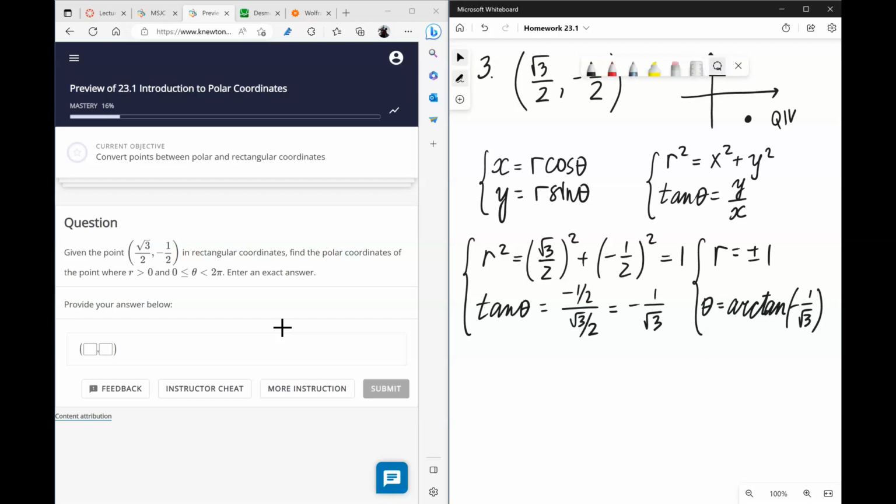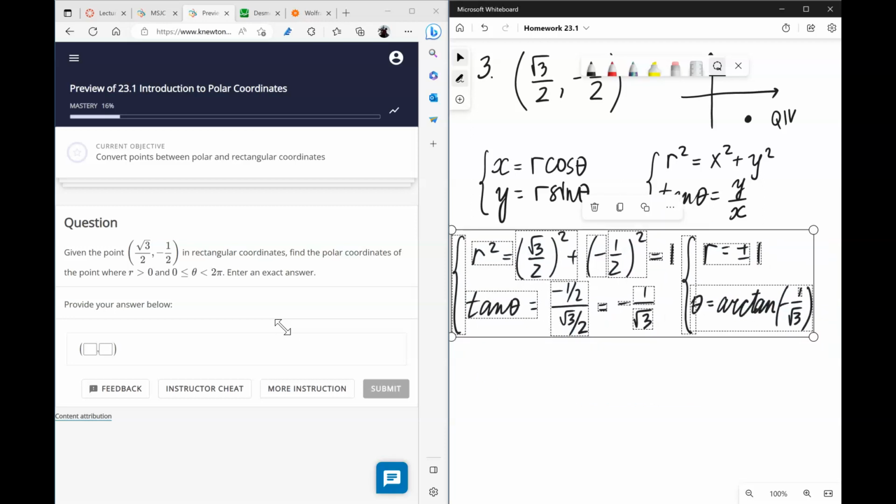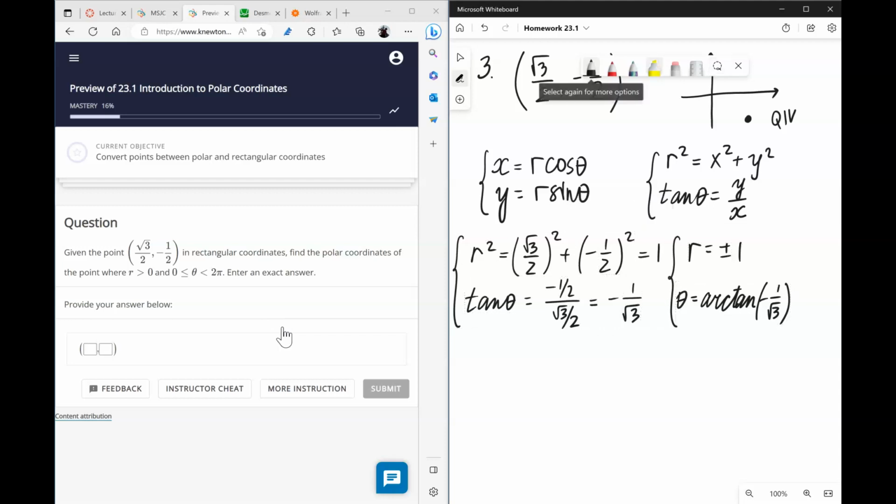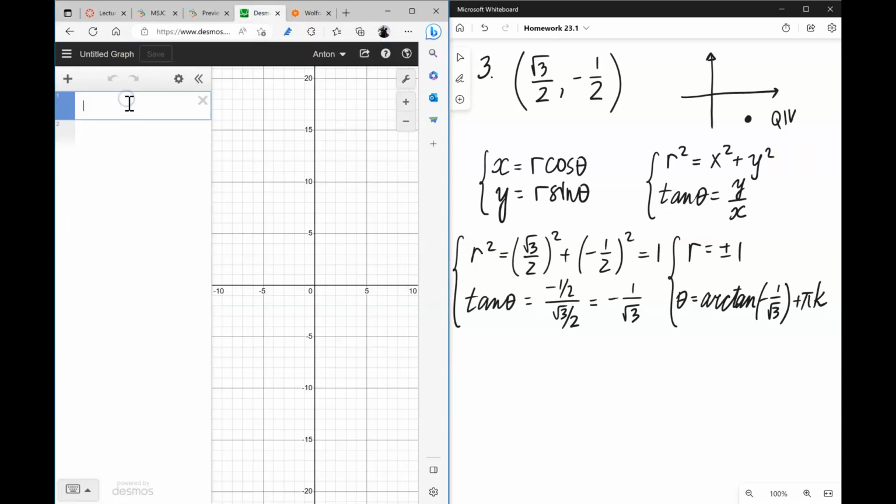And I need to make some room here. Plus pi k, and arctan of negative 1 over root 3, if you use a calculator, I can just use Desmos here. Arctan of negative 1 over square root of 3, it's that, which is negative pi over 6.